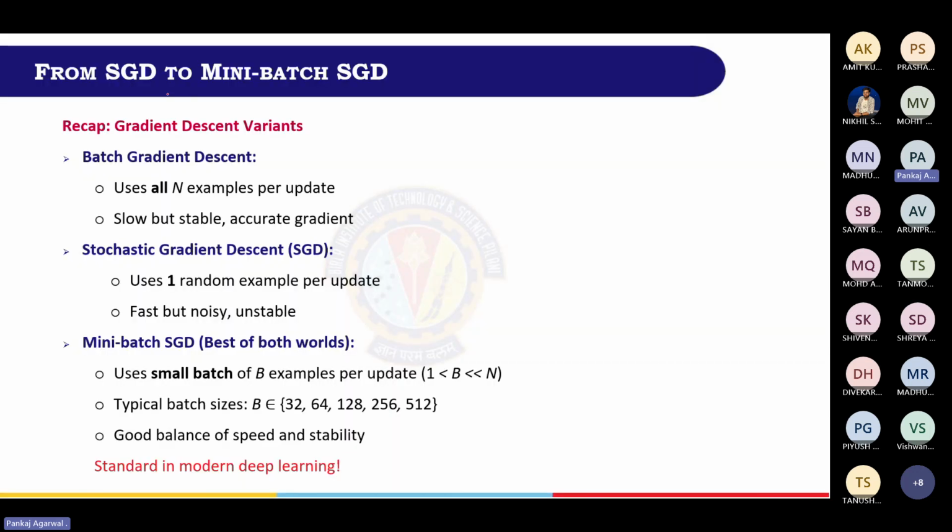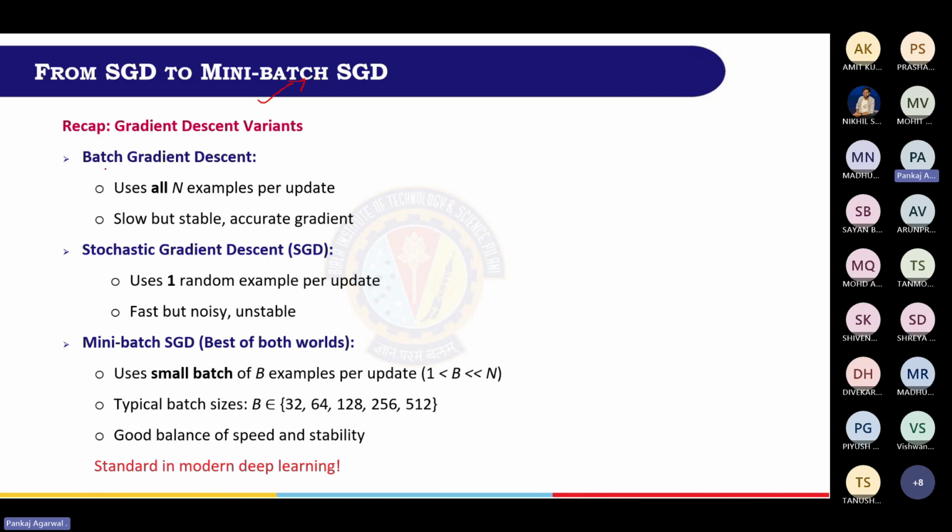Then you can move from SGD to mini batch. I've already explained the thought process of mini batch and batch SGD, so that should not be a difficult part from any angle. I've already explained how it is useful, so you can sit back and understand.